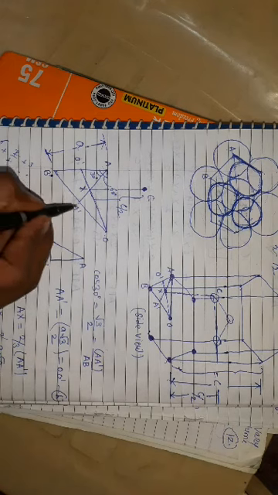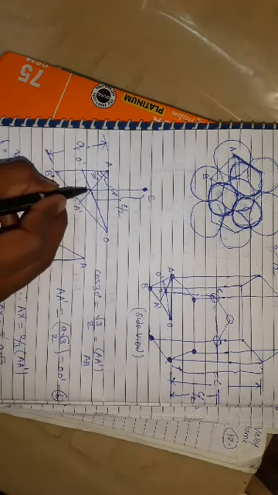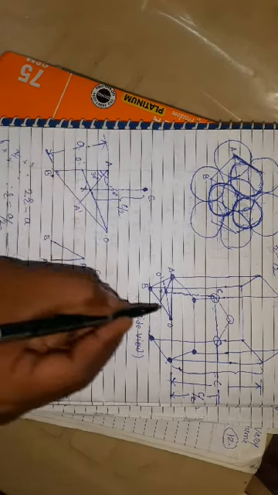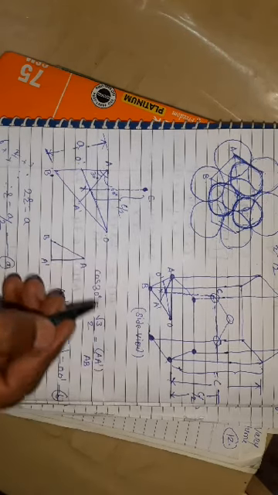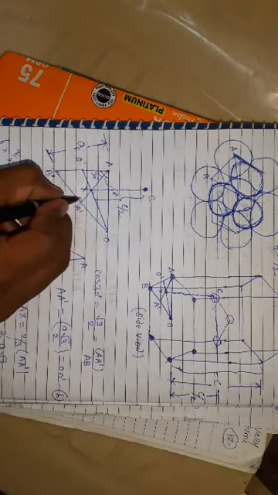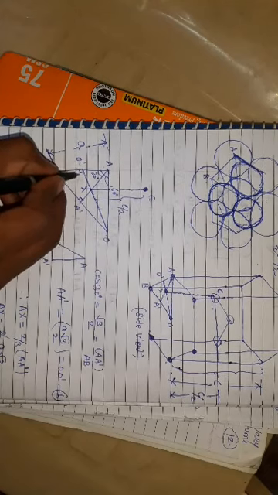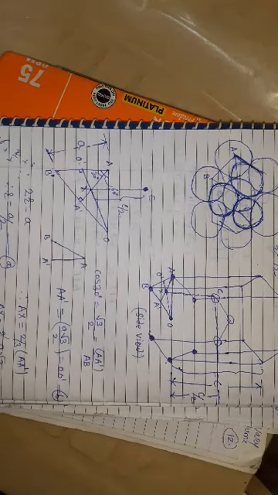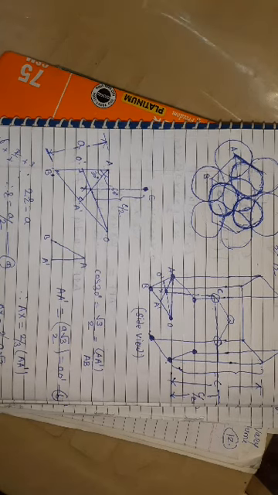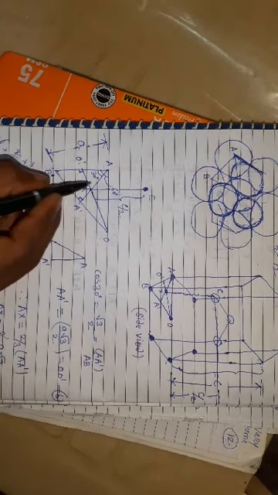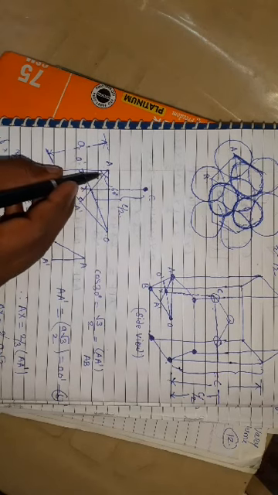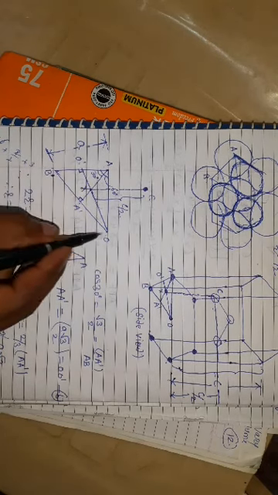Then the intersect point x, is it right? This is the intersect point x. Actually this is exactly perpendicular to these segments AB and OB. Then, this angle is 60 degrees, means all the angles are 60 degrees.